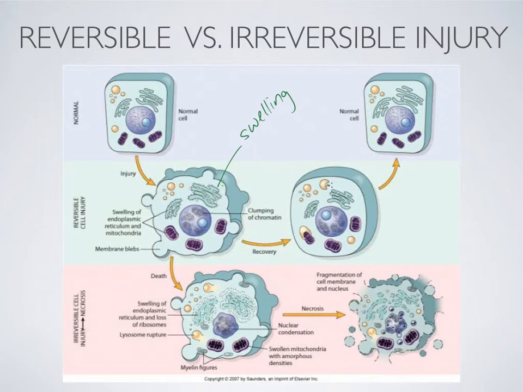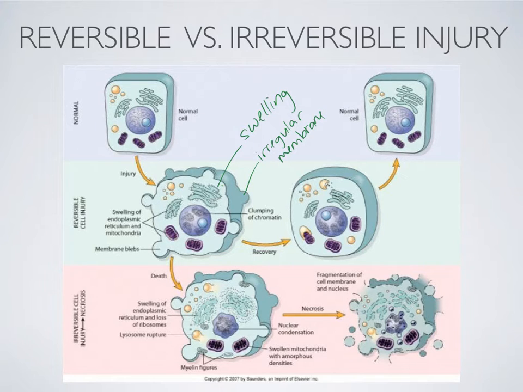If we have that loss of ion homeostasis, the cells are going to start to swell. Part of membrane damage, some of that membrane is going to get irregular. So if the shape of the cell doesn't look normal, it's got these little blebs on it, it's an irregular shape, that's a sign of cell damage.